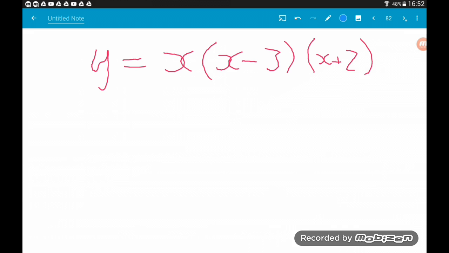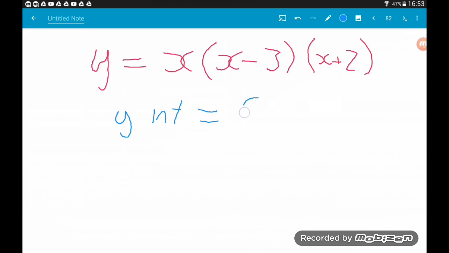If we were to expand the two brackets, that would give us a quadratic with a constant of minus 6, but then that is being multiplied by x, so we would have no constant term at the end of the cubic if we expanded this all out, which means the y-intercept is 0. So that's the first thing: the y-intercept is 0.